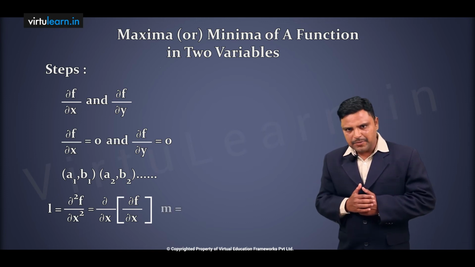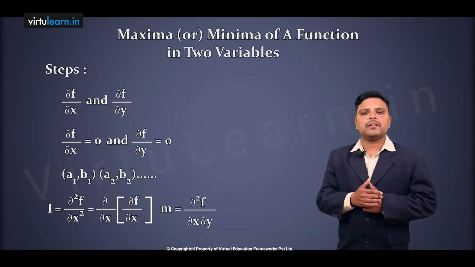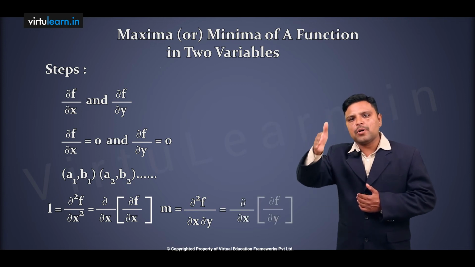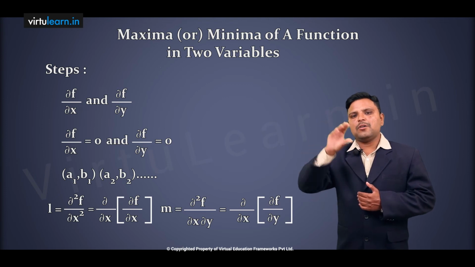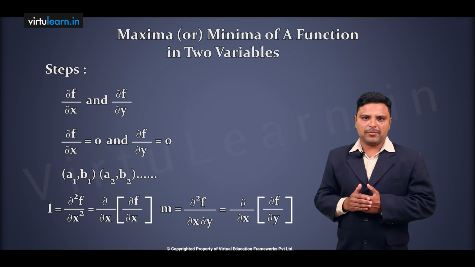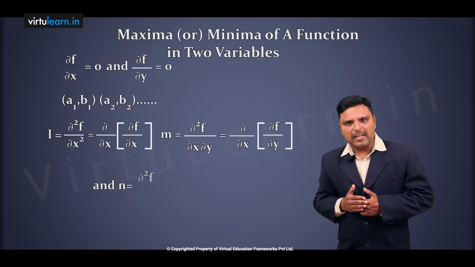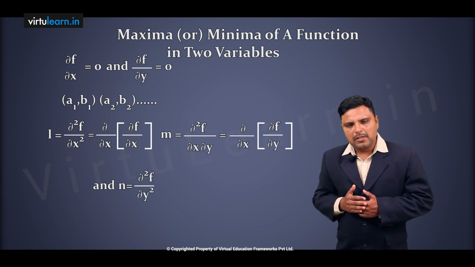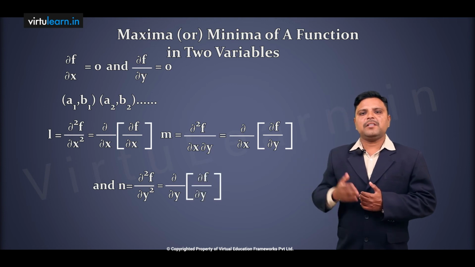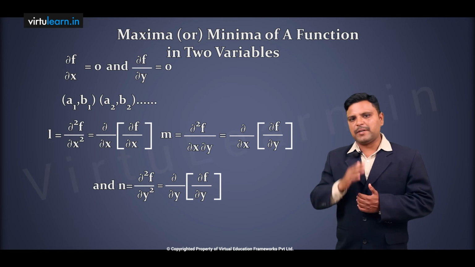Now the m value: m equals ∂²f/∂x∂y, that equals ∂/∂x of ∂f/∂y. Means for ∂f/∂y we are doing partial differentiation with respect to x, that is nothing but the m value. And the n value, ∂²f/∂y², means ∂/∂y of ∂f/∂y. Means for ∂f/∂y we are doing partial differentiation with respect to y.